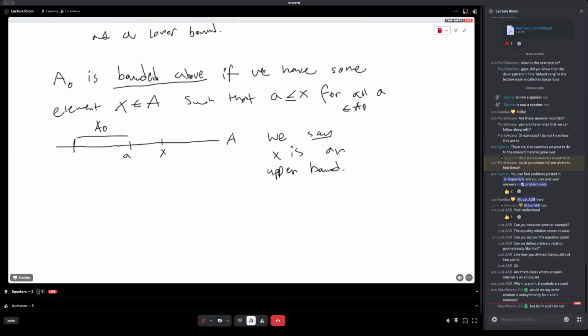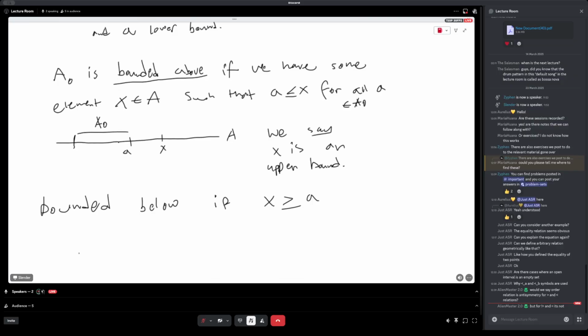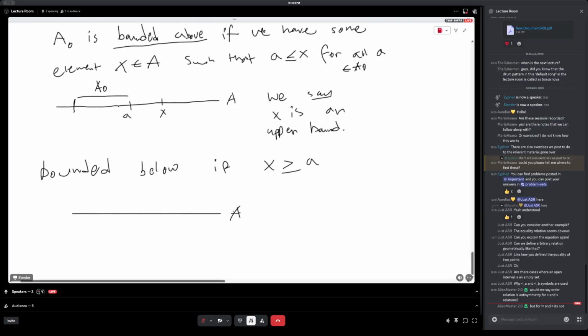So similarly, you can say bounded below. Let me show the next diagram here. Let's say this is x here and this is the set A0, and we have some a here.